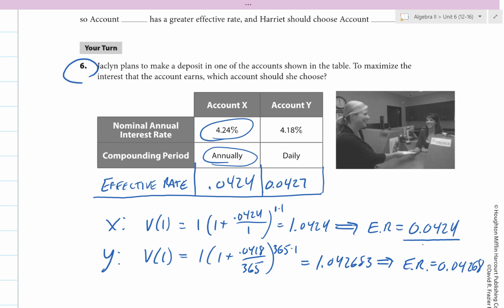If we round both of those to 4 decimal places, we have 0.0424 and 0.0427. So clearly, in this case, account Y has a higher effective rate, so that's going to give us more money by the end of the year. Account Y is better in this case. Any questions?